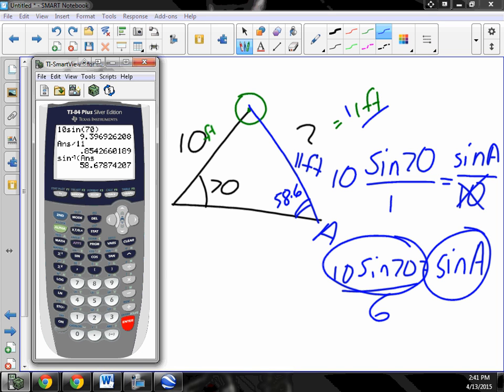But is there another triangle that works? Well, you'll see, let's say I just start making this side a little bit bigger and a little bit bigger. None of those are triangles, right?